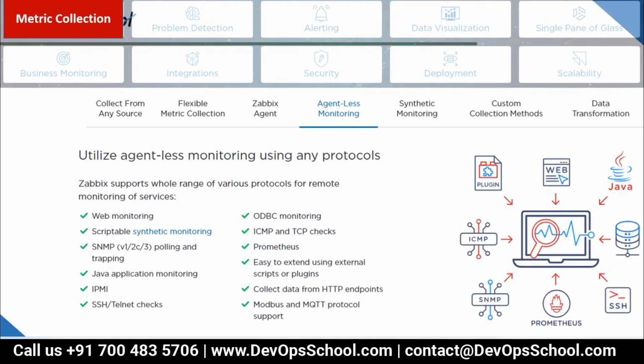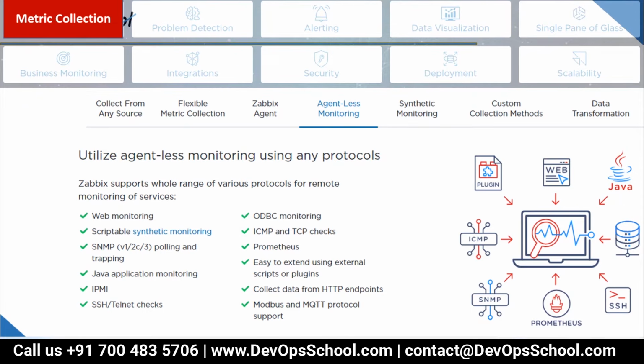You can use Zabbix for metrics collection without an agent, without a Zabbix agent also. Yes, that's called agentless monitoring. That means Zabbix supports a whole range of various protocols for remote monitoring of services. So you don't need to have a Zabbix agent.